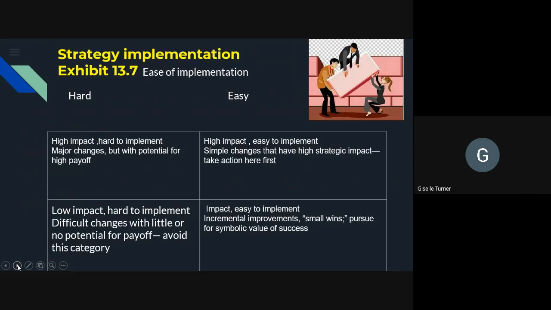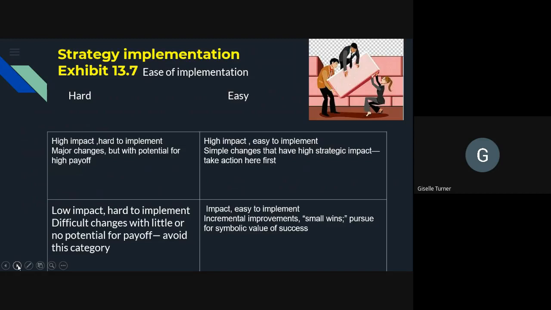So the first one is a high impact, but very hard to implement. Major changes, but with potential for high payoff. And we know that change is something most people resist. So if that change is going to be major, it definitely may be hard to implement, even though it may end up with a high payoff.